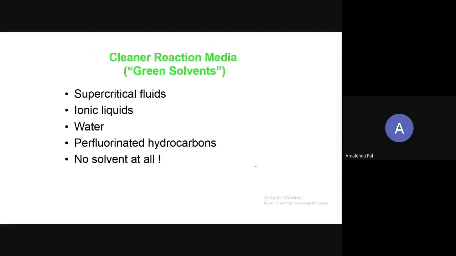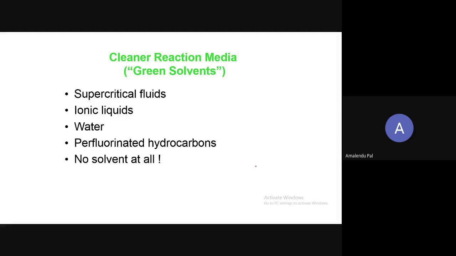That is the green solvent I told you earlier: supercritical fluids, ionic liquid, water, abundant water. If you use water as solvent, then it is better. And perfluorinated hydrocarbon cleaning agents, or no solvent at all.